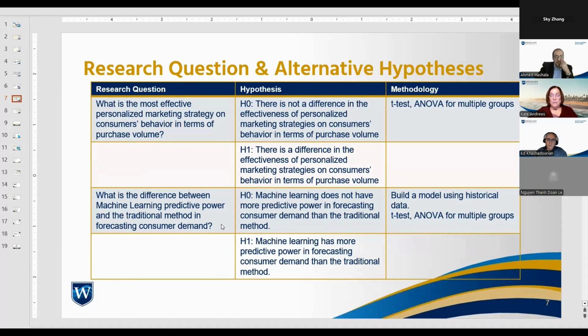The alternative or research hypothesis is that machine learning has more predictive power in forecasting consumer demand than the traditional method. What we're going to do after we collect our data is build a model using the historical data. From this, we're going to use a t-test if we have a simple project, or an ANOVA, a type of ANOVA for multiple groups.